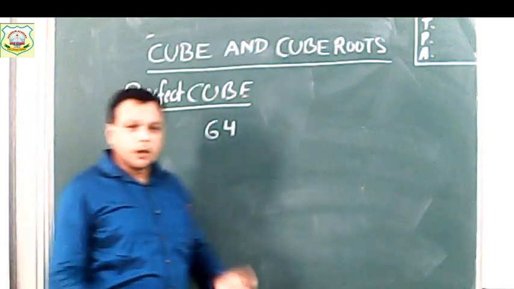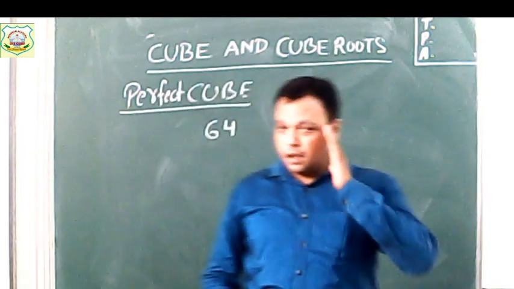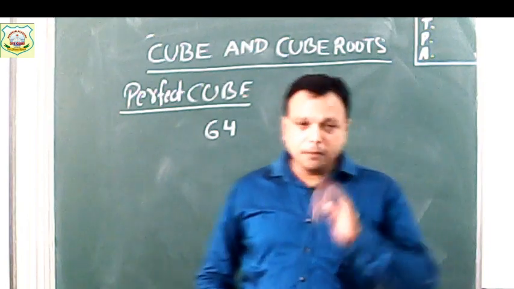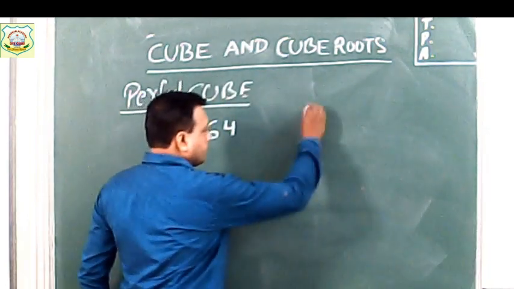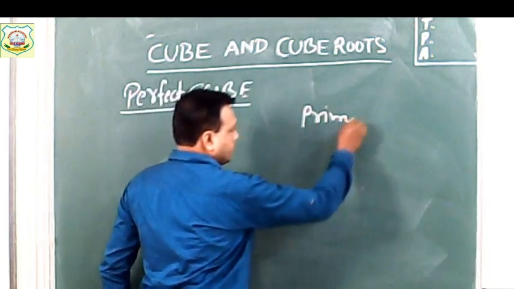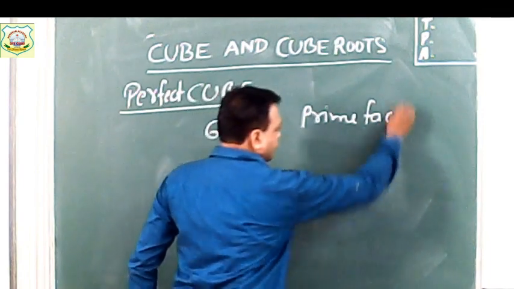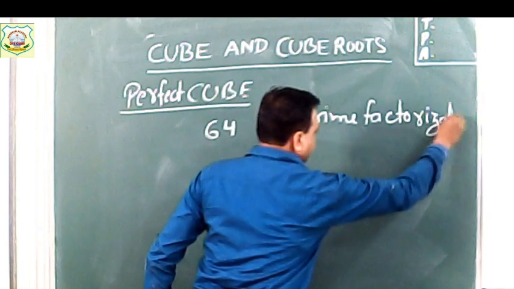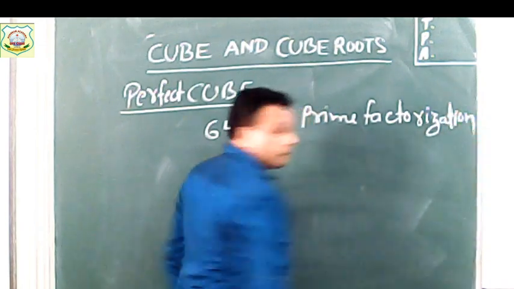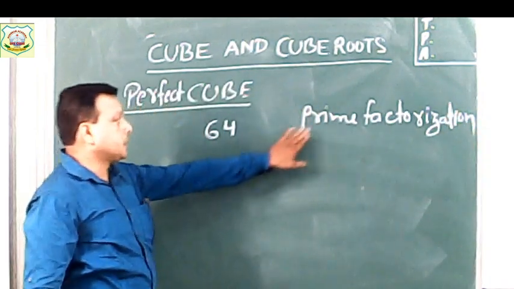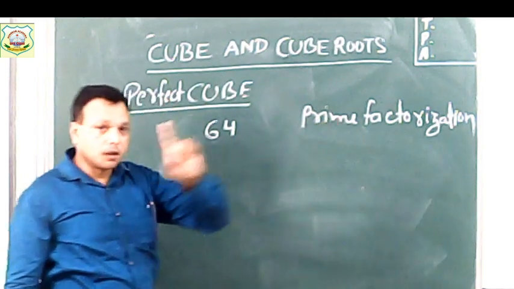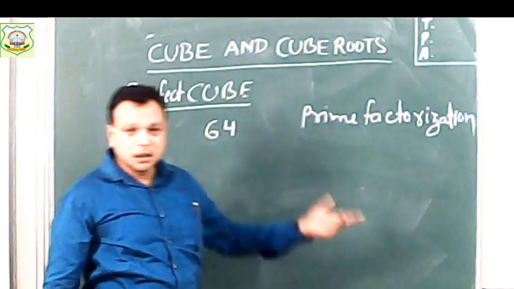Now you have understood what prime factorization is. Prime factorization means we will take only prime numbers. Now one more question: what are prime numbers?